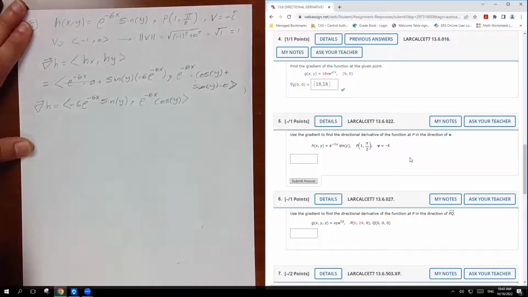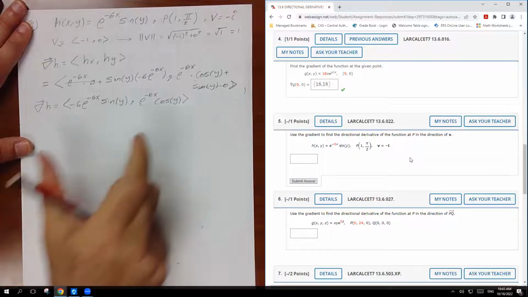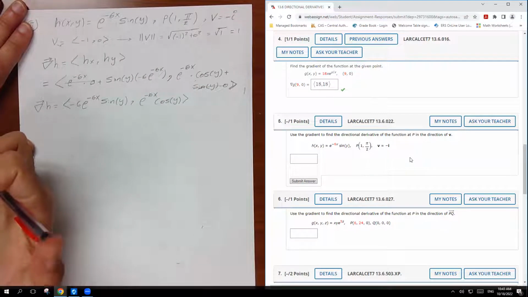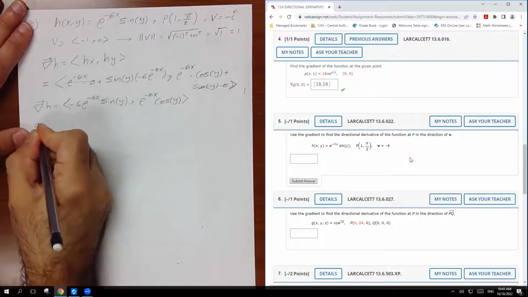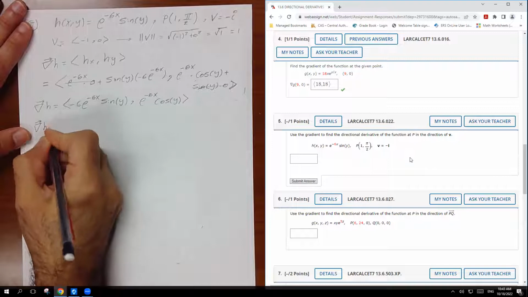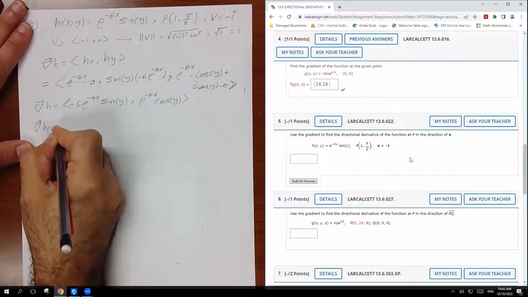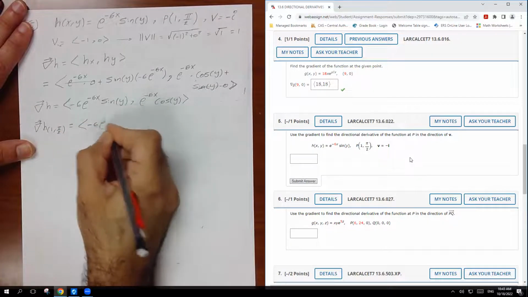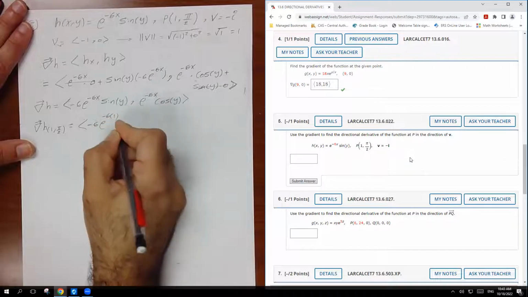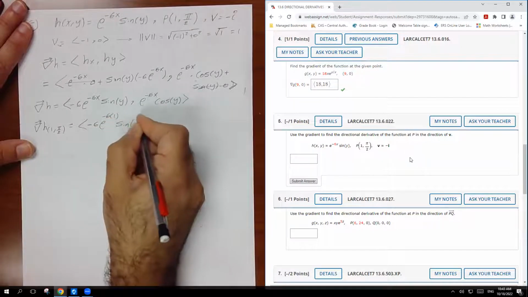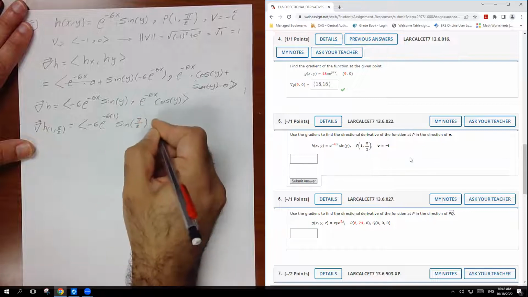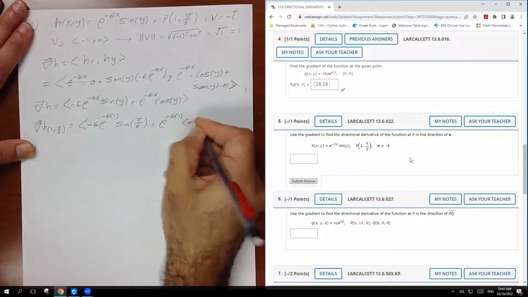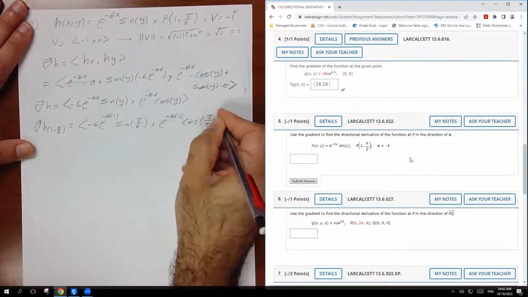So now this is okay. Now let's simplify this part because we have the point. Plug in the point (1, pi over 2): the gradient of h is (-6 e to the -6 times 1 sine pi over 2, e to the -6 times 1 cosine pi over 2).